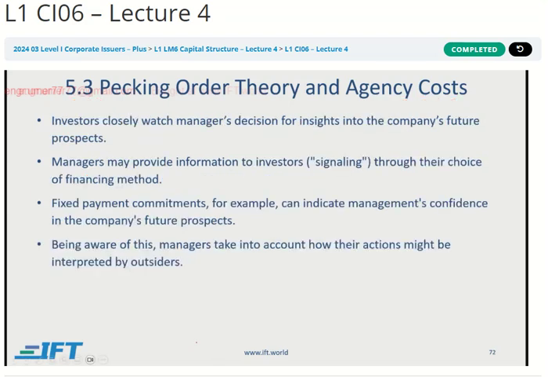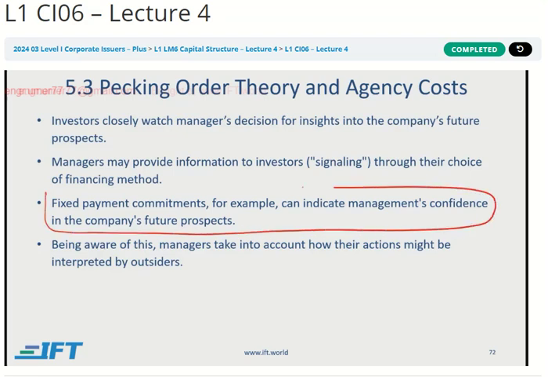So what's basically happening over here is that if the shareholders see management taking on more debt, which is a fixed payment, obviously, shareholders feel that, oh, the business must be doing well, because if these guys can take on the risk of taking on contractual obligations of interest payments, then they must feel comfortable about the future prospects.